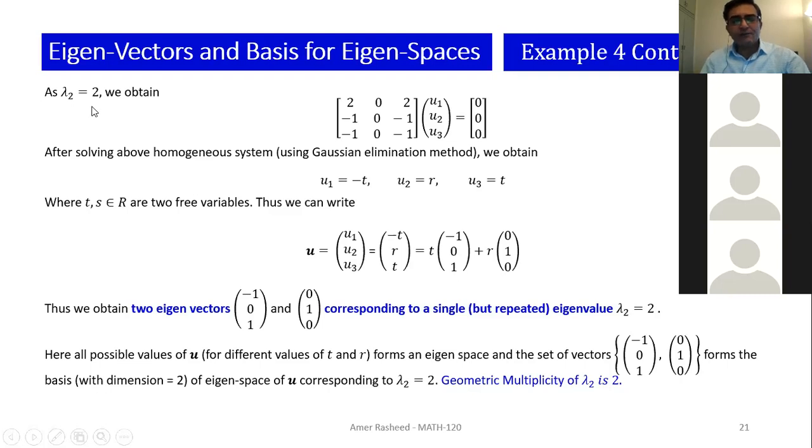It is possible that we find only one eigenvector corresponding to lambda 2 equal to 2. But its geometric multiplicity could be either 1 or 2, but it cannot be 3. It cannot exceed the algebraic multiplicity of any eigenvalue. Okay, I hope that answers the question.